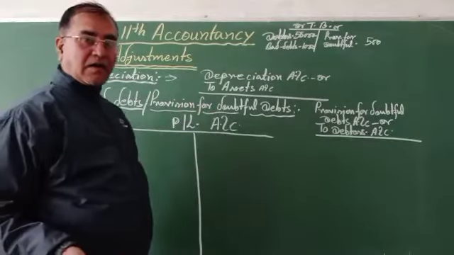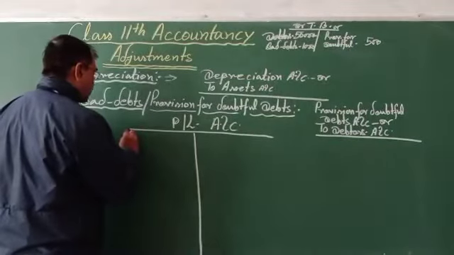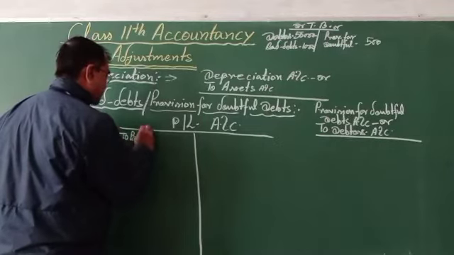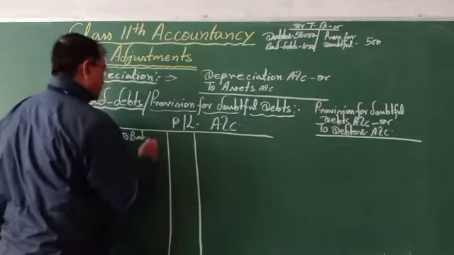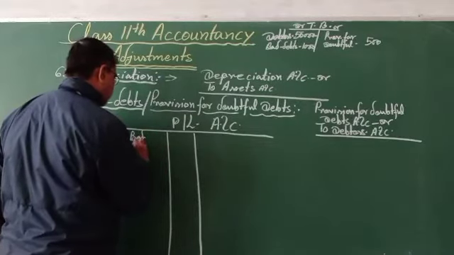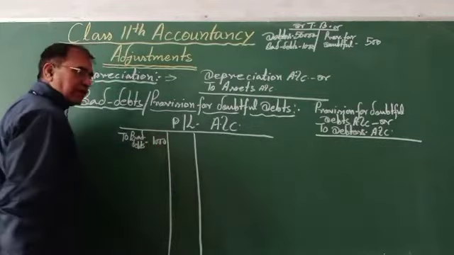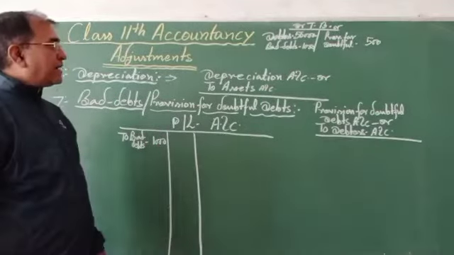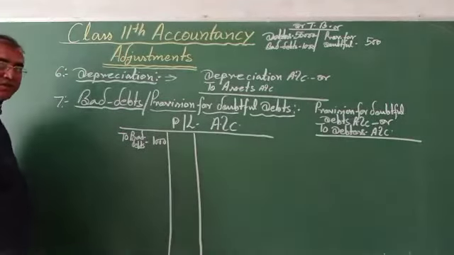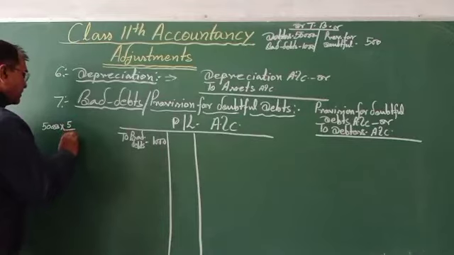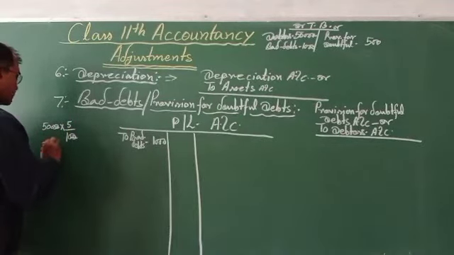In the profit and loss account, you show bad debts, the amount already given in the trial balance, 1,000. Again on 50,000, the creation of provision for doubtful debts, 5 upon 100, is equal to 2,500.